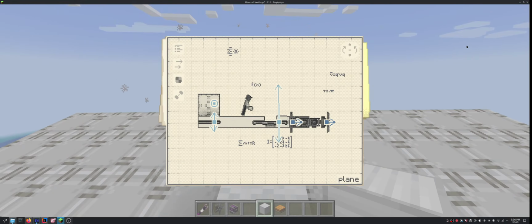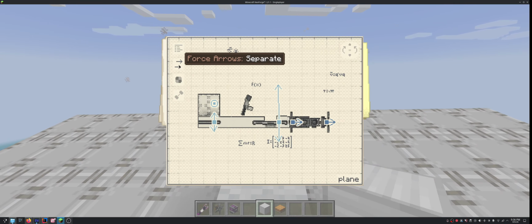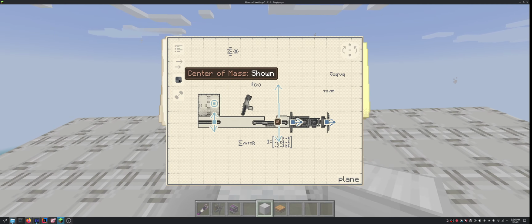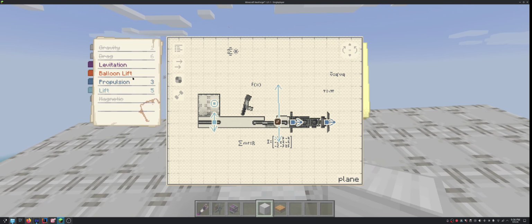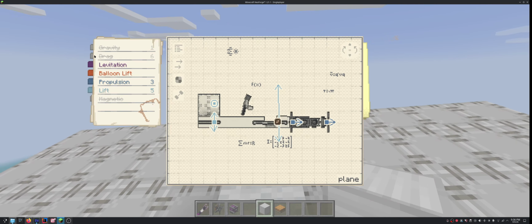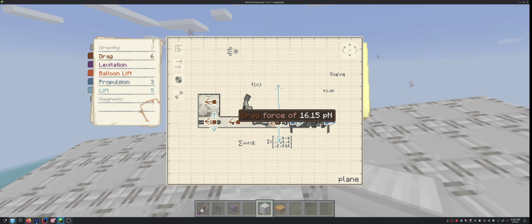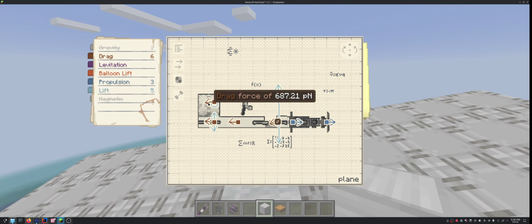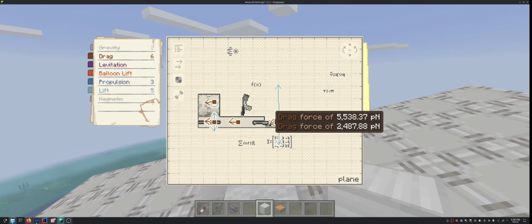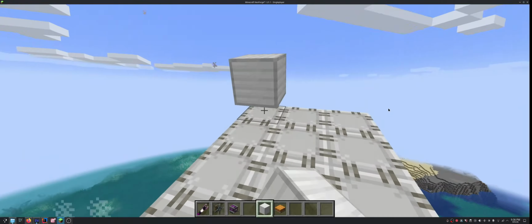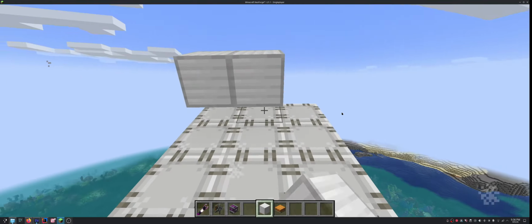That's nice. There's a lot more drag on this. If we go to the full center of mass, it's pretty close to the center of lift. Okay, drag. Like 700, 600. Yeah, 5,000 on the wing, but the wing is huge, so that makes sense.